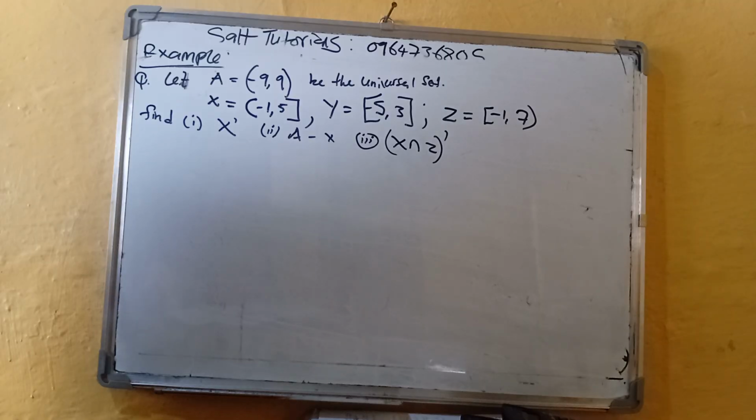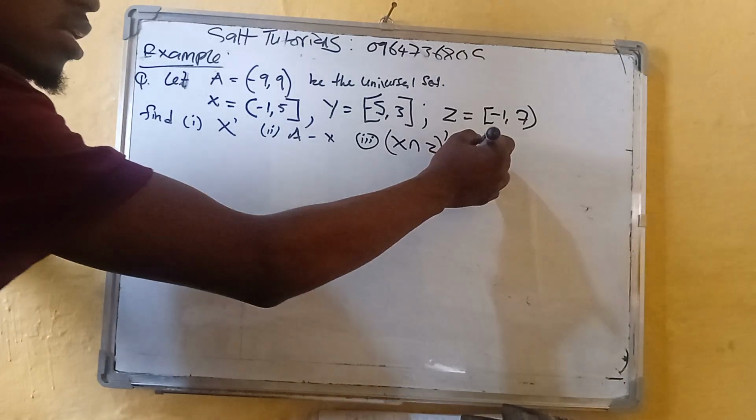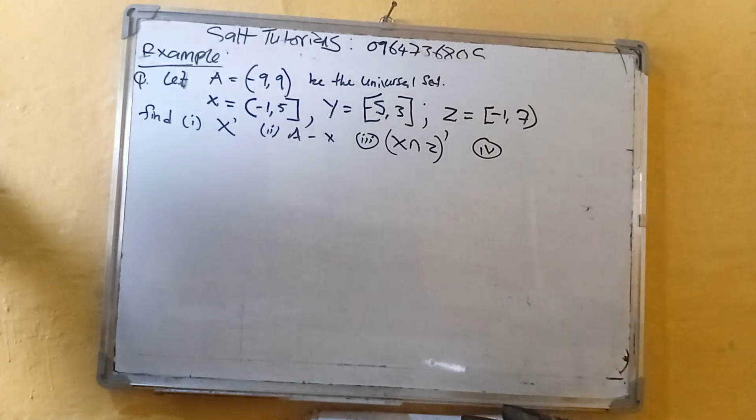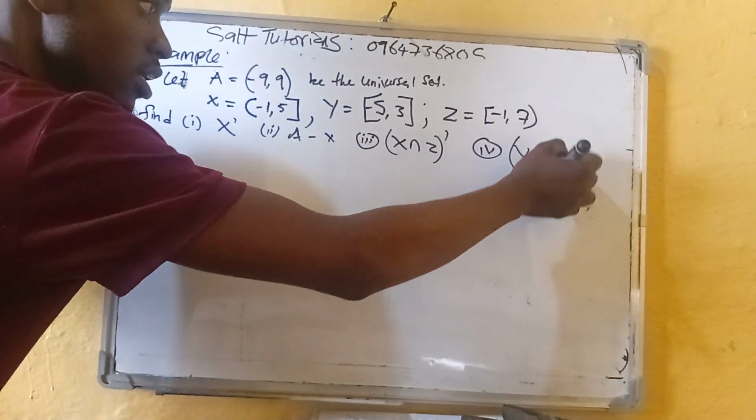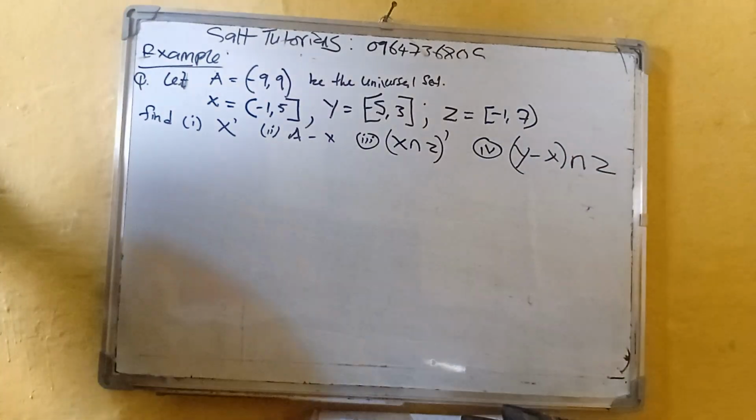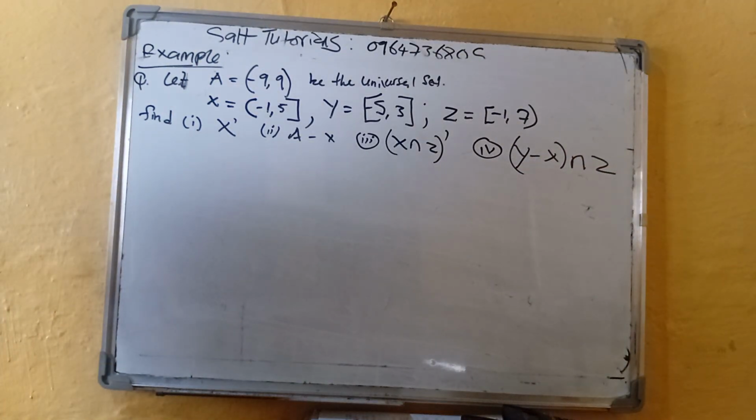And lastly, I want us to find Y minus X intersecting with Z. As usual, we're talking about intervals. These are intervals. It means if they're intervals, the best way to find anything is sketching.